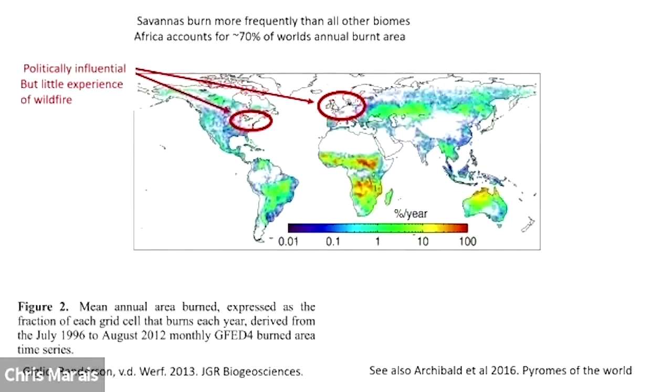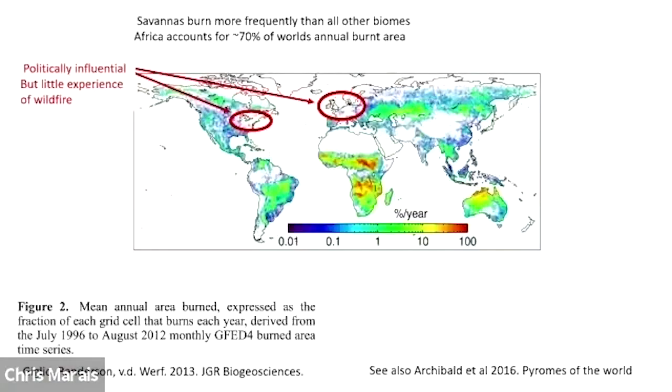Now, what's interesting here, I think, from a cultural perspective, from a psychological perspective, fire was considered entirely of human origin by the botanists and biologists, ecologists who came out of Europe. If you look at Europe and the Eastern United States, very influential politically, economically, industrially, these are the places which have the least experience in the world of fire.